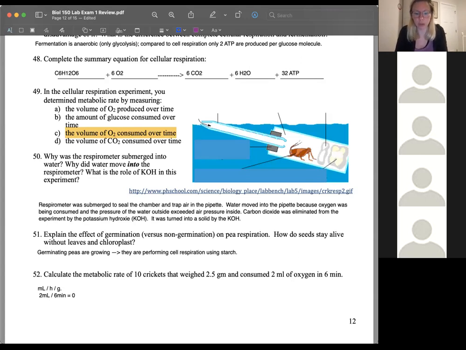So we're looking at 0.33 mils per minute and multiply that by 60 minutes per hour, so that way we can get this into mils per hour instead of mils per minute. So we're looking at 19.8 mils per hour.